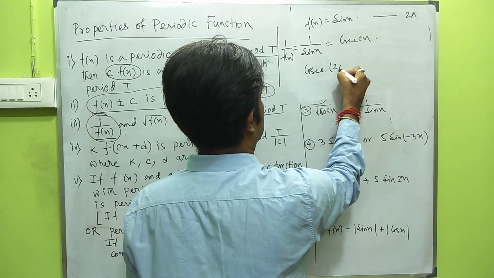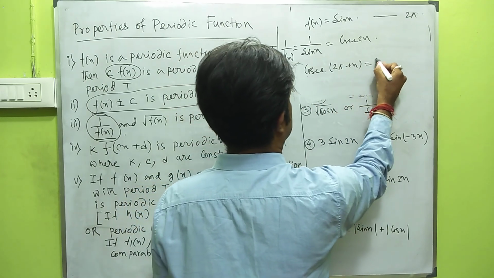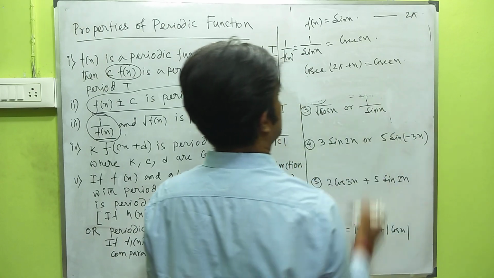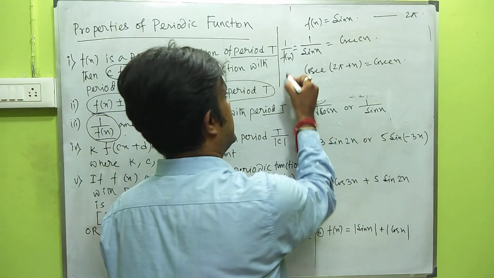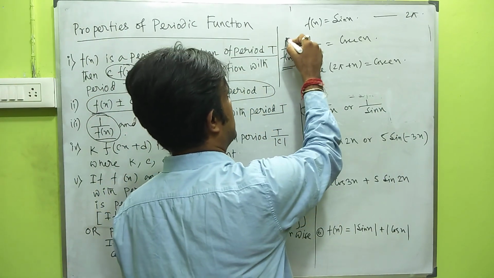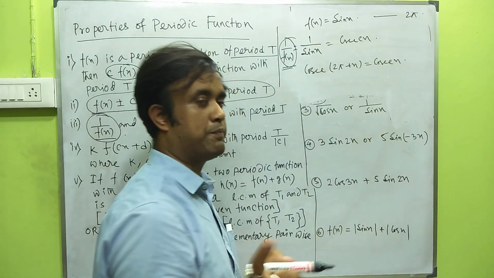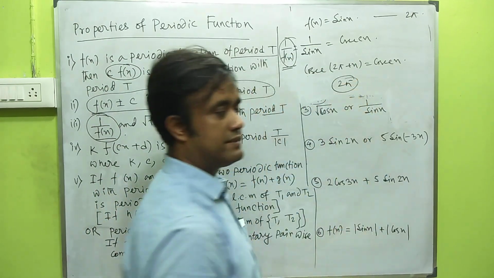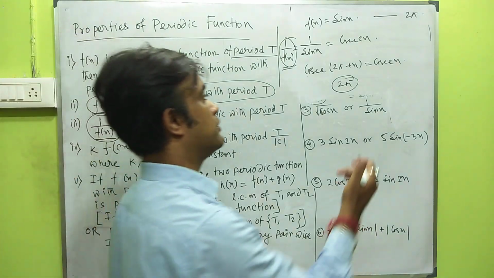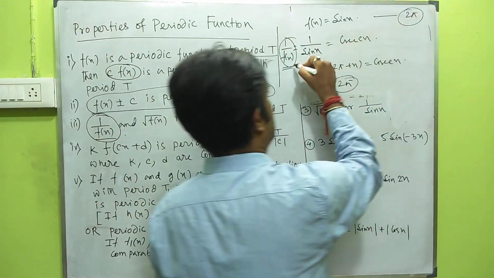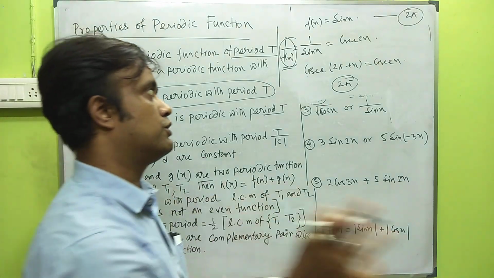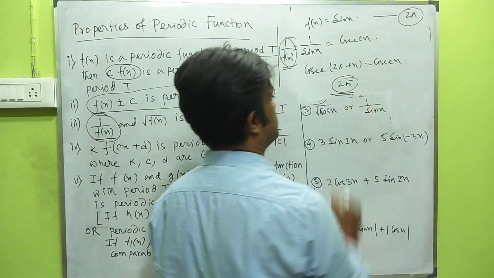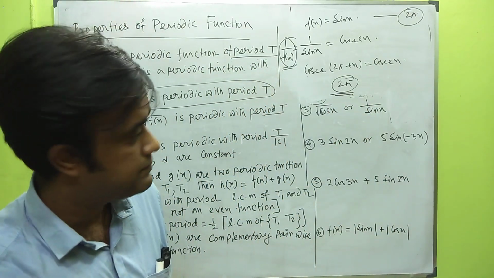Cosec of 2 pi plus x is equal to cosec x. So the period of 1 by f of x is also 2 pi. That is, if f of x is a function of period 2 pi, then 1 by f of x also has the period 2 pi.